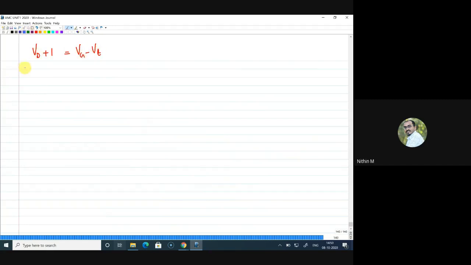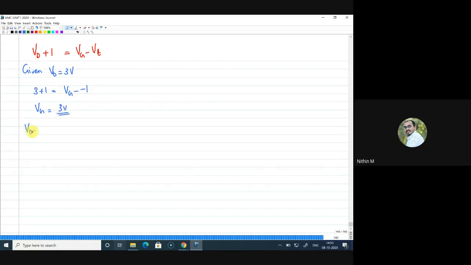Now what is given? Given that VD is equal to 3. So 3 plus 1 is equal to VG minus, what is VT? VT is minus 1. So what is VG from this? It is 4 and this is minus 1. So VG is equal to 3 volt. Right.